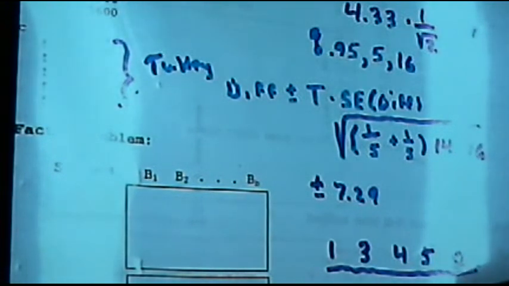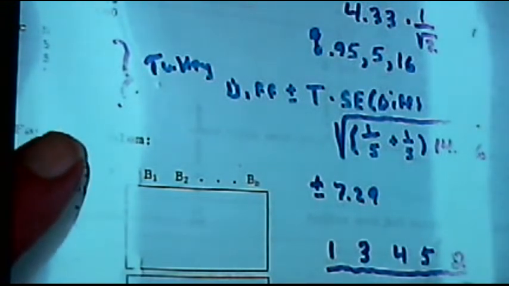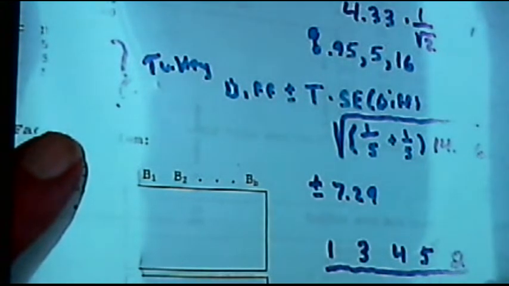Now let's see which ones are equal. 1 equals 3, yes. 3 equals 4, yes. 4 equals 5, yes. 5 equals 2, yes. Okay.